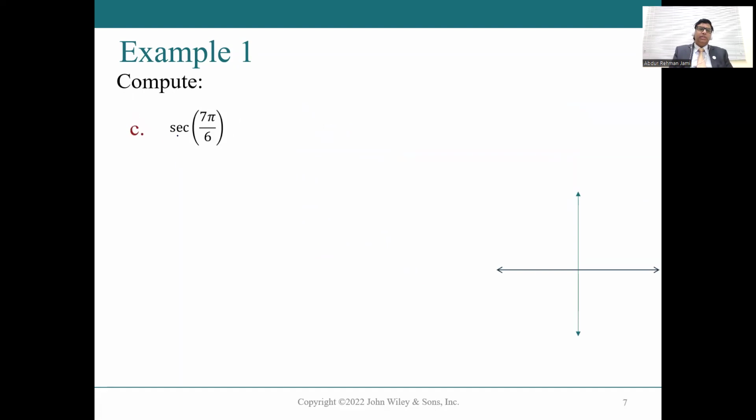Go for this question. This is a secant. First, we make the angle within the range. So 6 pi plus pi over 6. Pi plus pi over 6. But we cannot find the value in terms of secant.